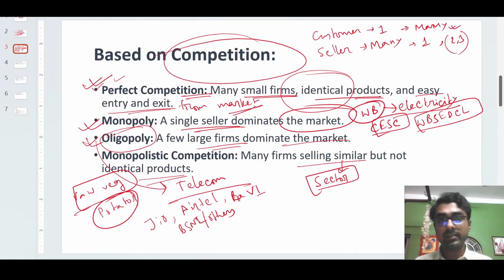Like in the telecom industry, almost the SMS pack, the data pack, or the calling pack are the same in Jio, Airtel, or Vodafone, right? So that is the oligopoly market. And in the monopolistic market, as I told, the products are similar, from the same sector, but different. So that is not an identical market.